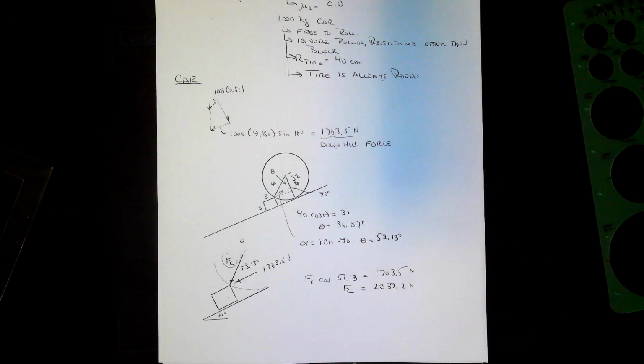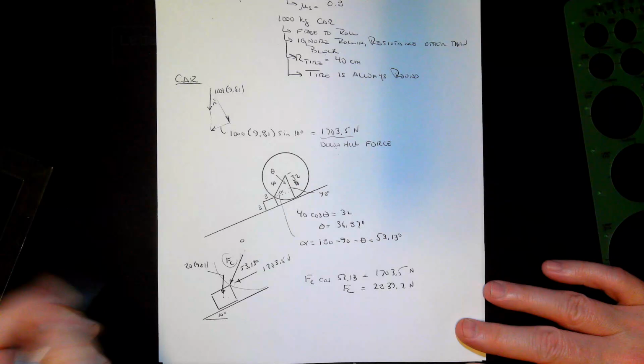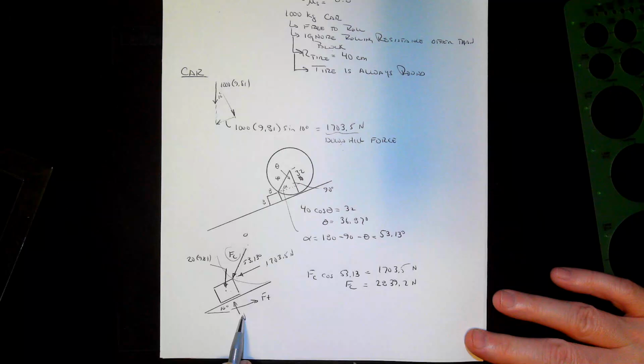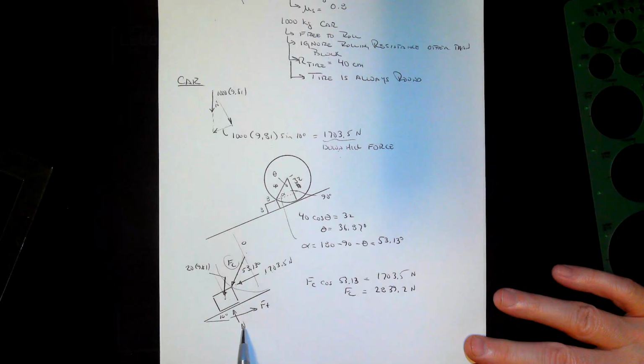So we would have 1,000 kilograms times 9.81, at 10 degrees. Here, the cosine component would be the force going into the road, and the road is pushing back against it, and the sine component is the force driving it down the road.